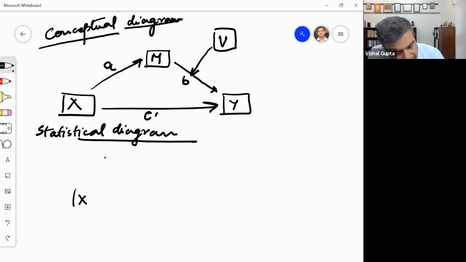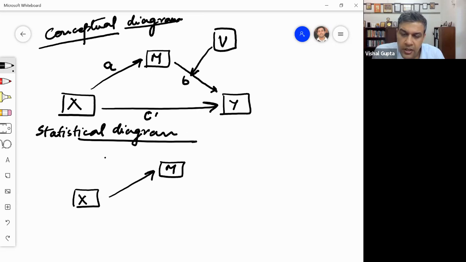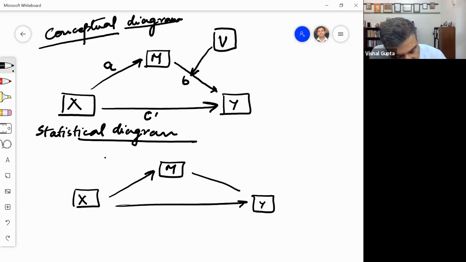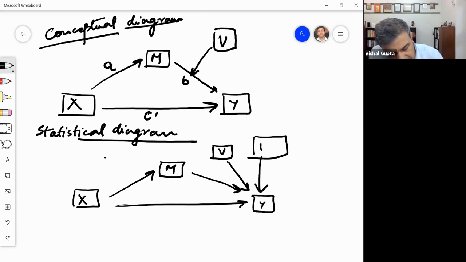We have X, we have M. Remember when you have moderation, how will you open it up? You have Y here, the path from the mediator comes, and then we have the moderator. So we will have the path from the moderator, and we will have the path from the interaction term, M times V, into Y. Remember how we used to open up the moderation diagrams?